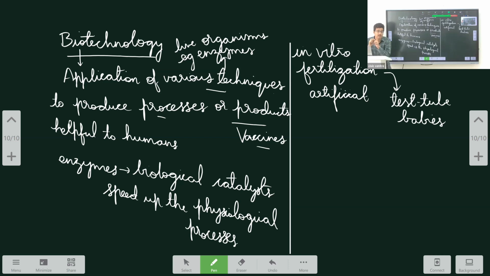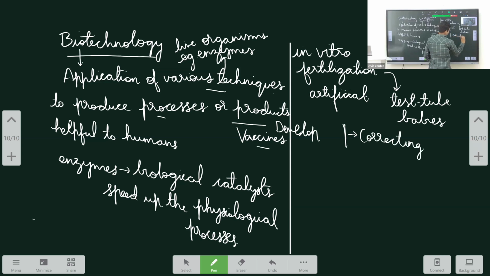So in such cases, you can develop vaccines, and apart from in vitro fertilization and developing vaccines, you will also be able to correct gene sequences in an organism. Even that can be achieved with biotechnology.